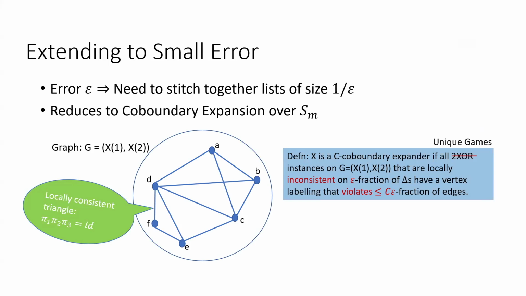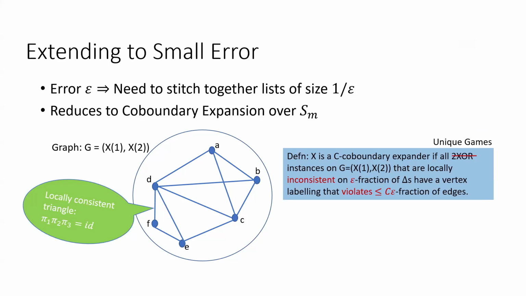But it's a very analogous definition. Instead of taking 2 XOR instances on G, you can take unique games instances on G, which label every edge not with 0, 1, but with permutations. And the triangles would be consistent if the permutations product to identity. And then you can define a similar notion of expansion with respect to unique games.